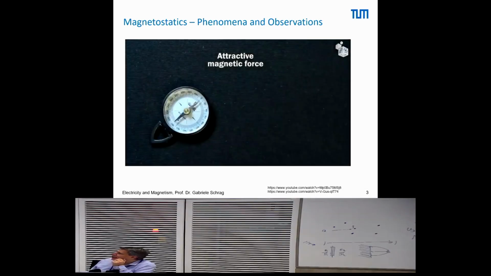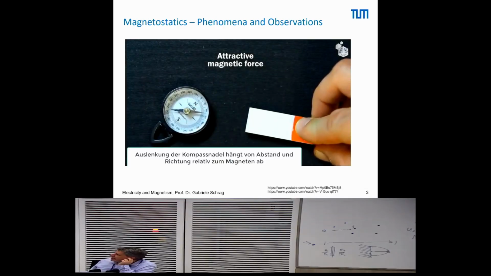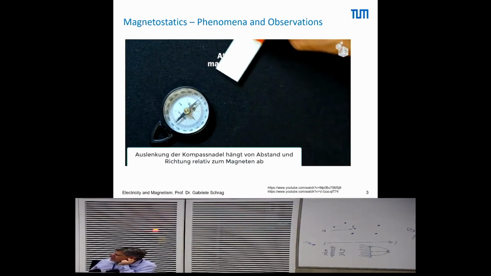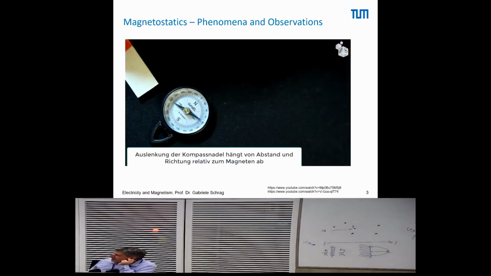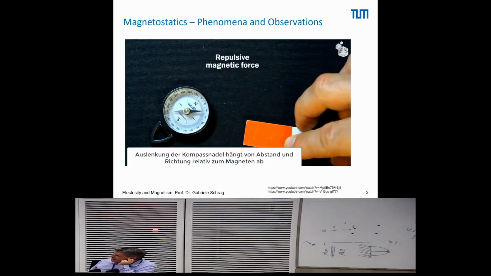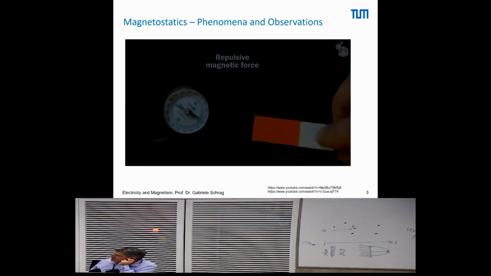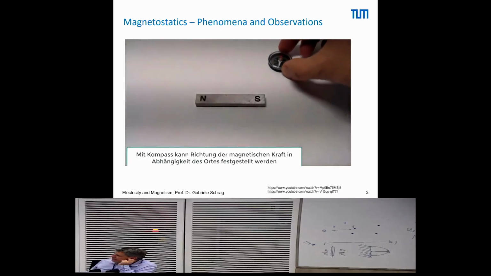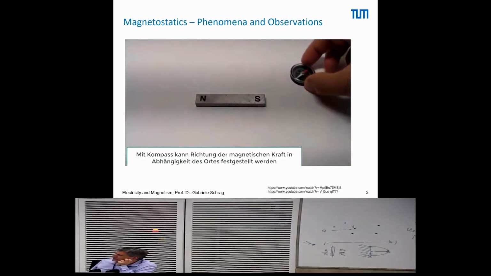And then you have the compass needle. The compass needle is a small magnet that is suspended on a pin so that it can freely rotate, and it makes use of the very weak magnetic field of the Earth to orient where north or south is.